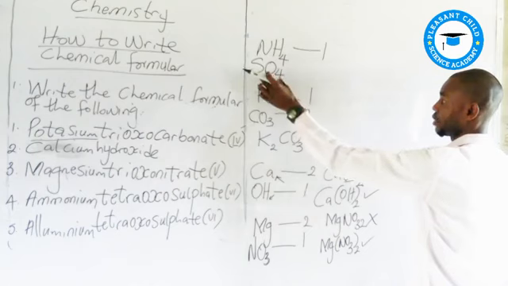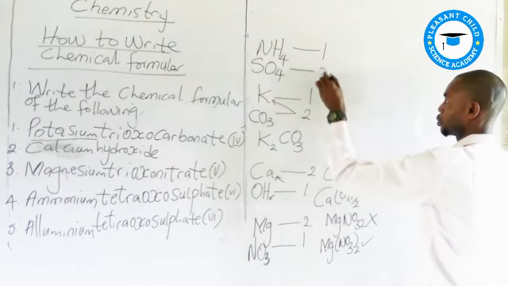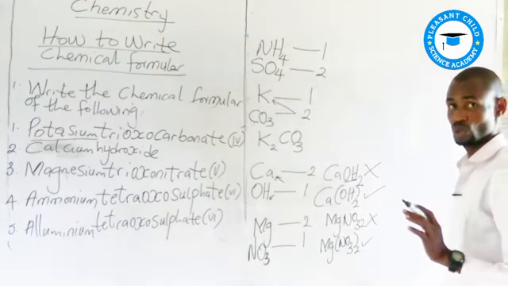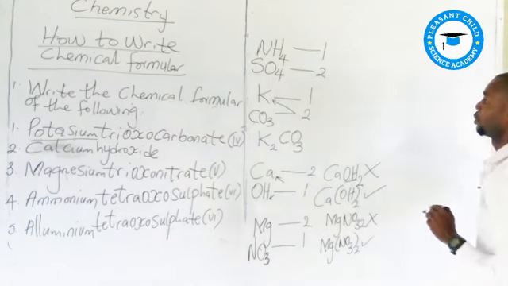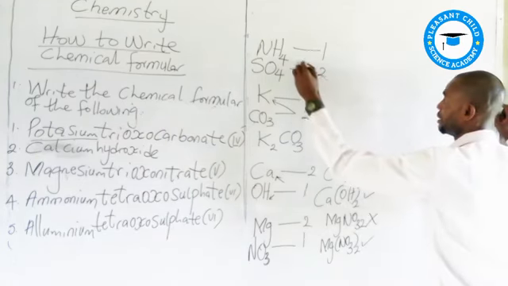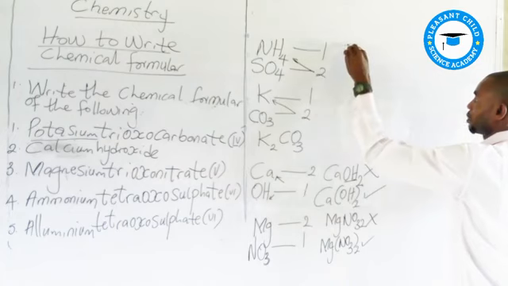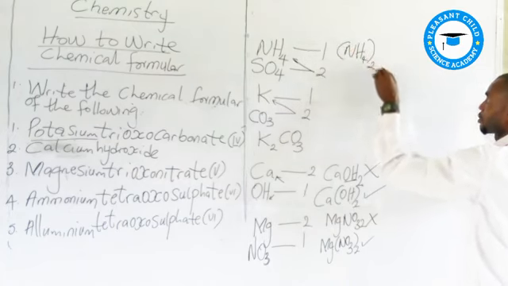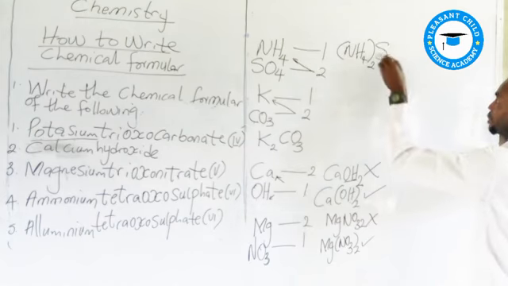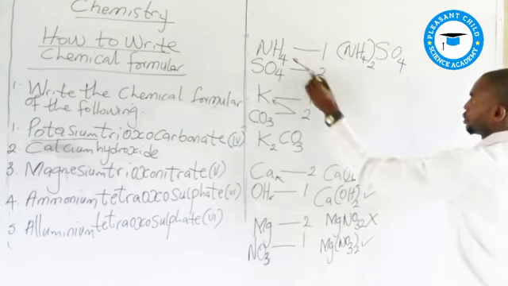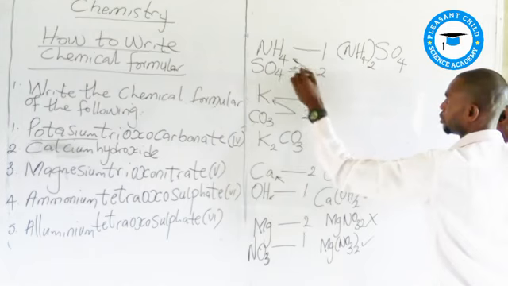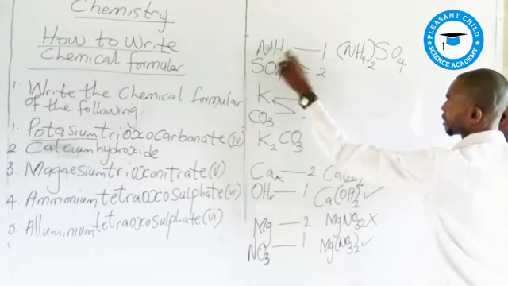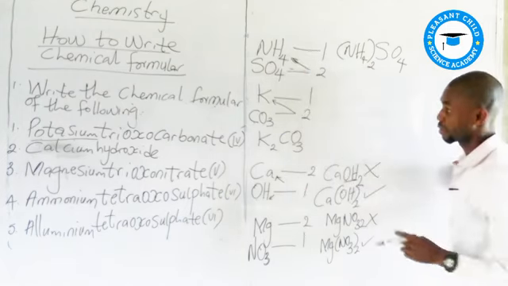So the valency of SO4 is 2. In that case, we still go by the rule. So we are going to have NH4 in brackets, subscript 2, then SO4. The 2 will come here as a base now, and we must enclose it in brackets.